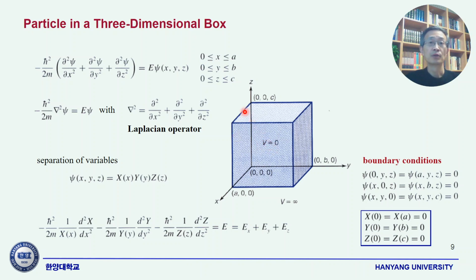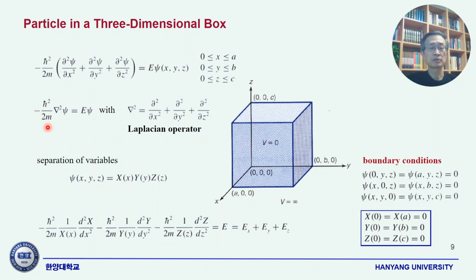Also, the wave function itself must be continuous. That's the condition for a well-behaved wave function. That is a physical representation of the problem. And then we have a boundary condition at the surface of the box. So this is a three-dimensional problem.